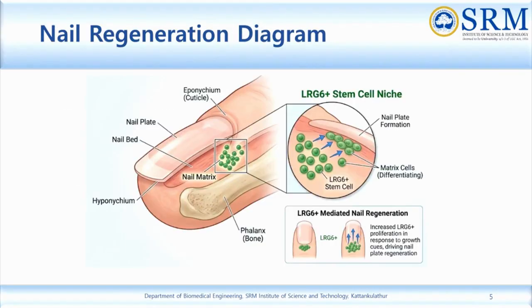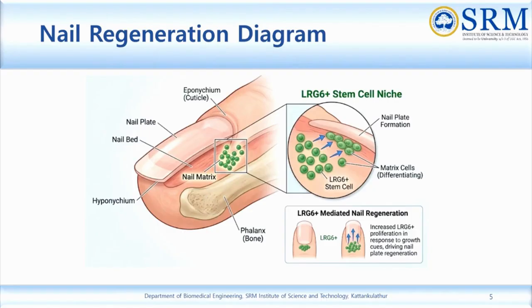So from the LGR6+ cells, you have the proximal nail matrix, which then matures into the keratin producing onychocytes, and this produces the keratin plate or the nail plate, which is the visible part of your nail.